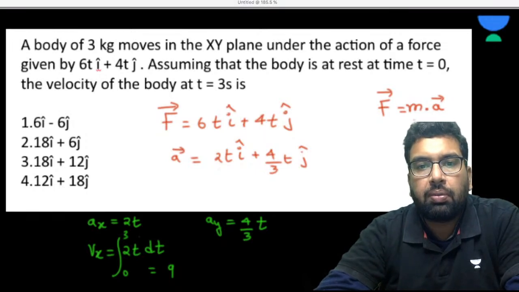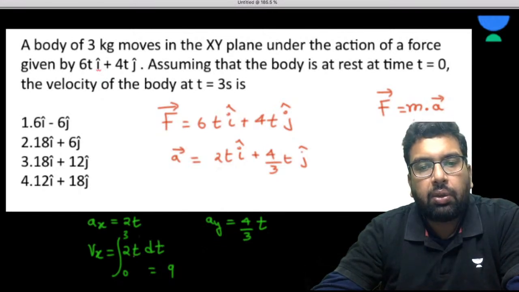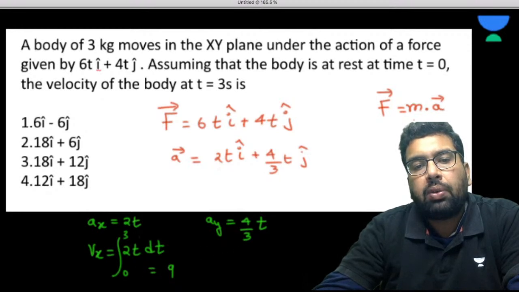Just let me check. So we have this acceleration. I think you have given the right answer only. So this is going to be 2t square by 2, the 2 cancels out, so t square will become 3 squared. So Vx is going to be 9.